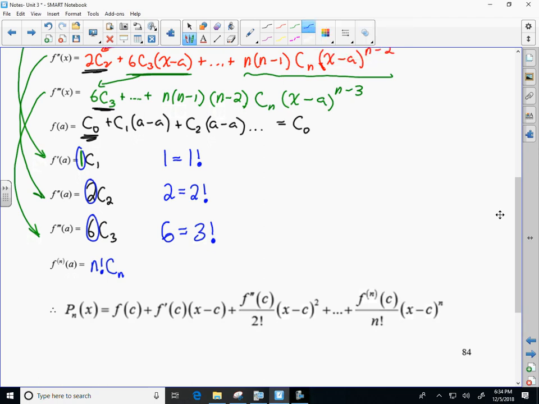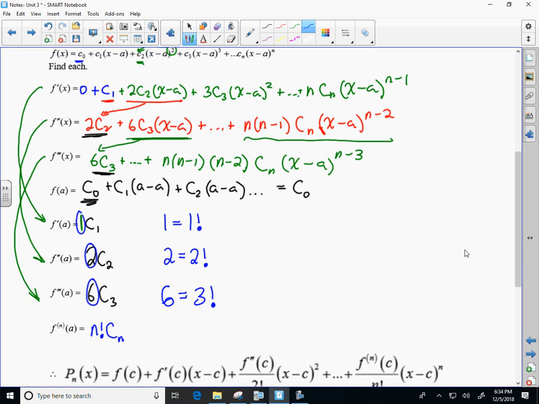All right. So this polynomial is actually going to have the same characteristics that develop in the Taylor polynomial. So what we need is we just kind of go back to the original expression, the original function. It was c sub 0, c sub 1, c sub everything.